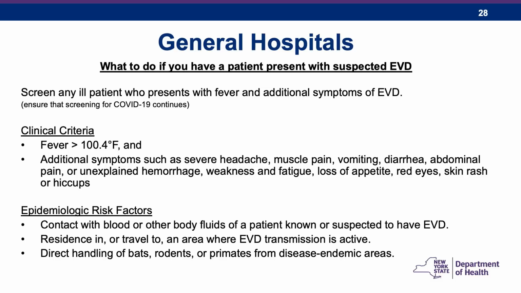On this slide, we have listed the clinical criteria, which are fever and one or more of these additional symptoms listed here, and then also epidemiologic risk factors, and that might be contact with blood or other body fluids from a patient known or suspected to have EVD, residence in or travel to an area where EVD transmission is active, or direct handling of certain types of animals from disease endemic areas. Now, even with these clinical criteria and epidemiologic risk factors, we understand that sometimes it can be kind of hard to determine if a patient should be considered to be a PUI or not. So that's what we're here to help with.